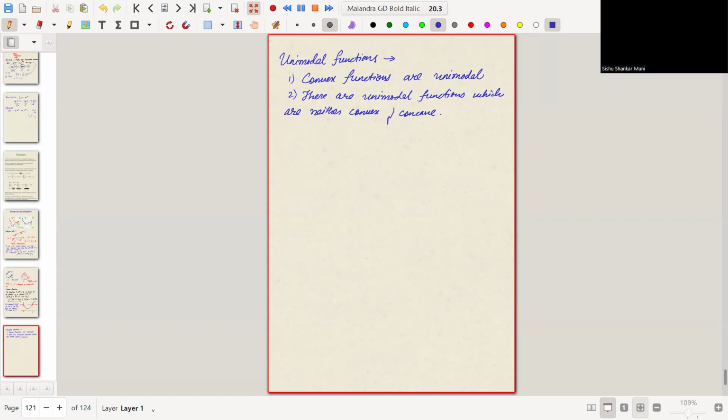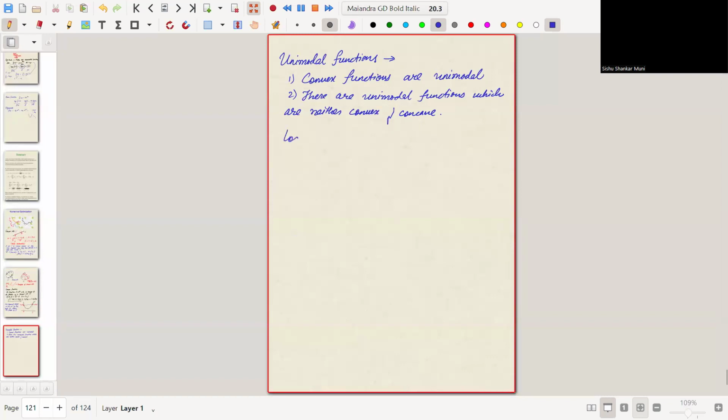So the concept of local and global maxima comes if your function has more than one maximum. So what is a global minimum? It's the minimum of all the local minimums.